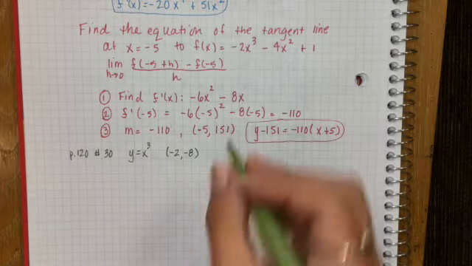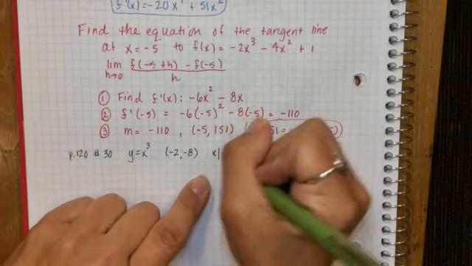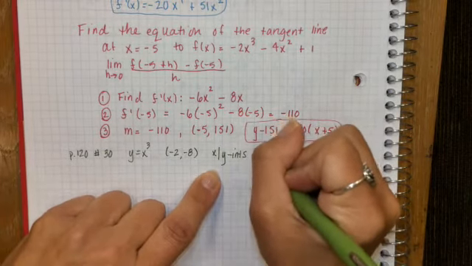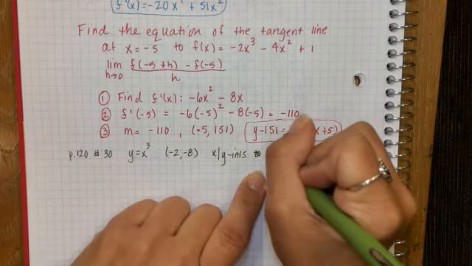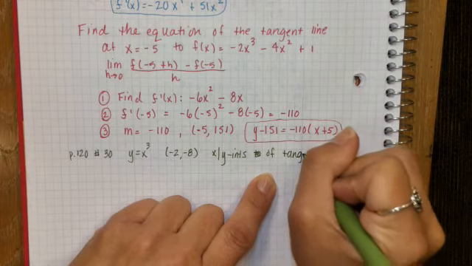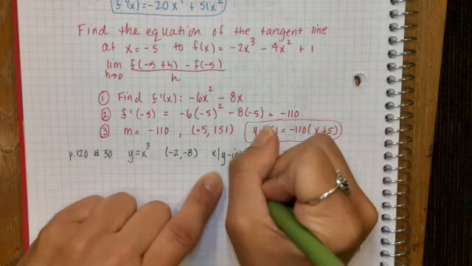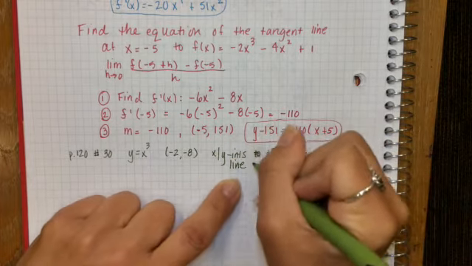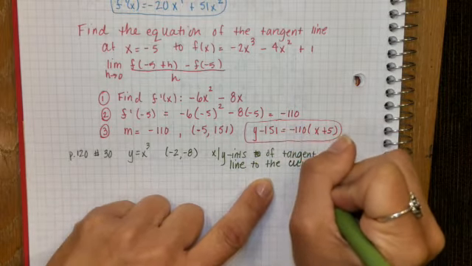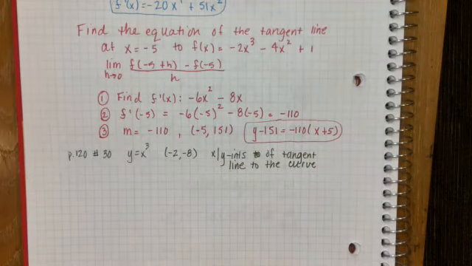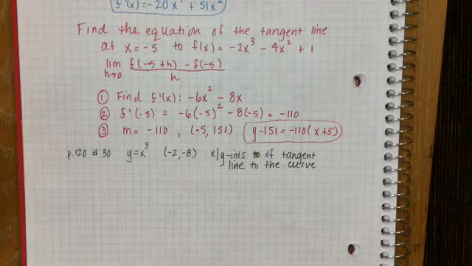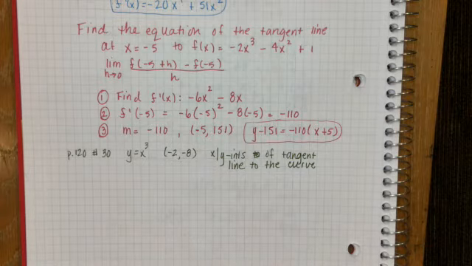Okay, so we need to know the slope in order to find the tangent line.